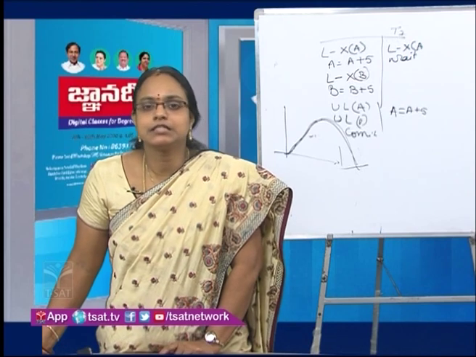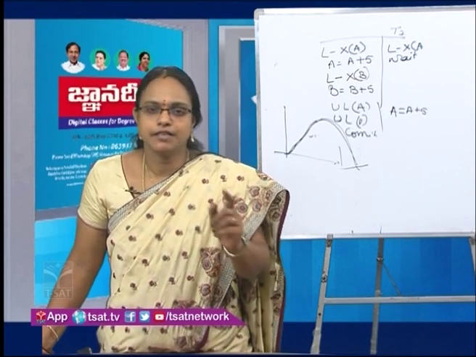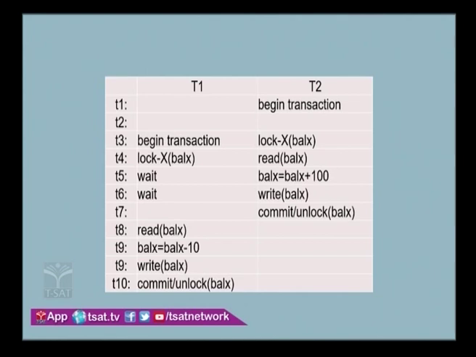But see here, if you see the slide, you can have a better example of this locking mechanism. So first transaction T2 applies begin transaction and it applies an exclusive lock on balance X. At time T3, transaction T1 has started, and at T4, transaction T1 has applied an exclusive lock on balance X, but it is already held by T2.